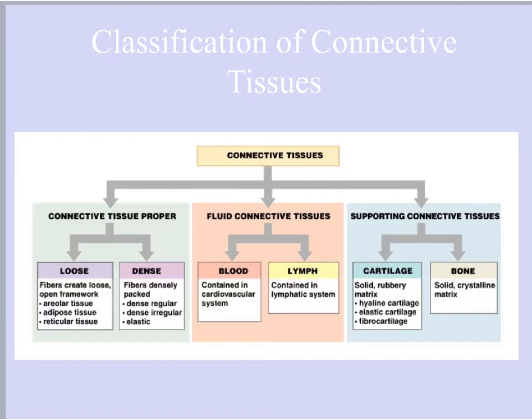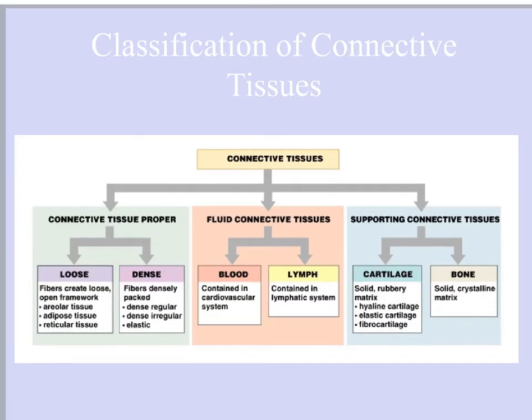So remember that we've got 3 things that make a connective tissue a connective tissue. So 1, ground substance, and remember that ground substance, its consistency can vary from fluid to solid, and there are a variety of fibers present, and there are a variety of cells present. So those 3 things are the 3 main components of connective tissue.